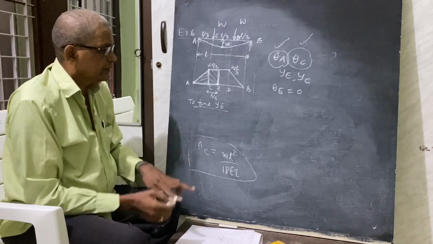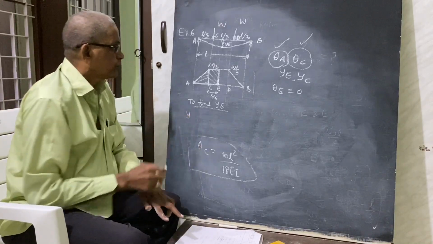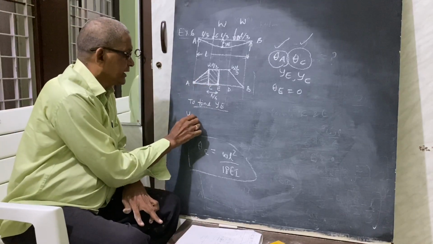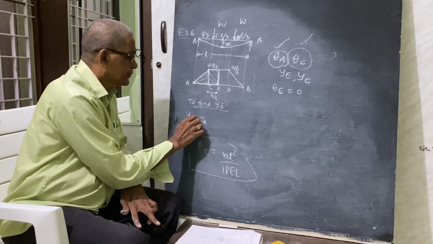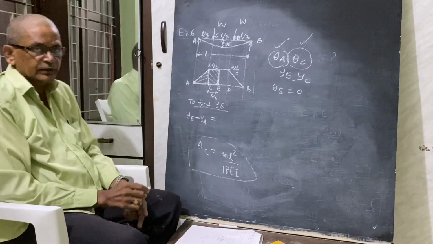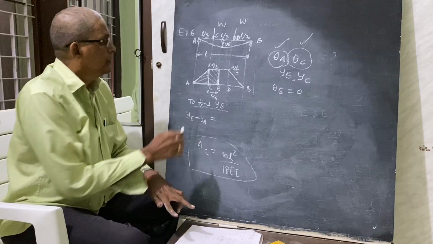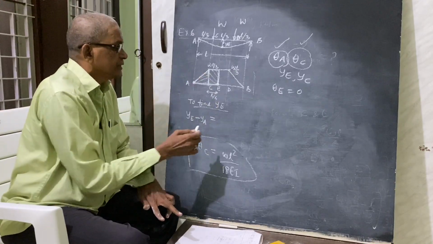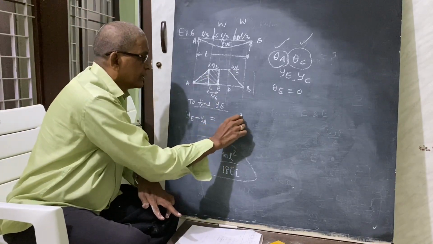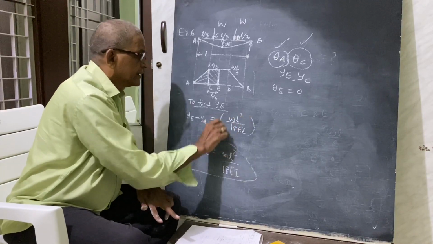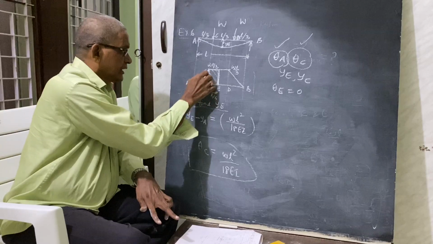Applying Moore's second theorem. So that is for points A and E. YE minus YA is equal to the moment of the area of the bending diagram. What is the area of this bending diagram? Already you have seen that. It is WL square by 18 EI. Area of this diagram which you have seen earlier.